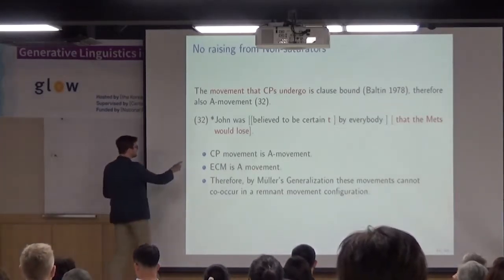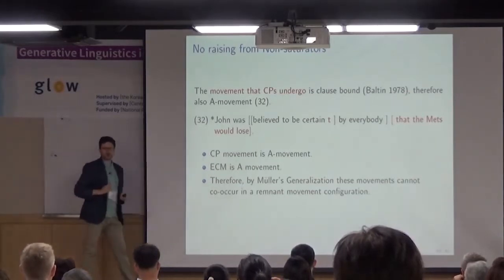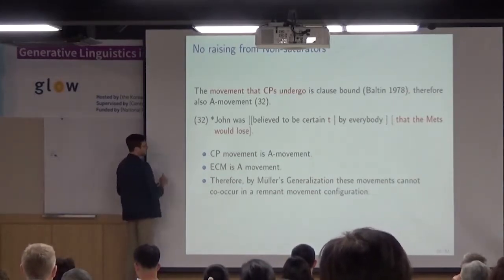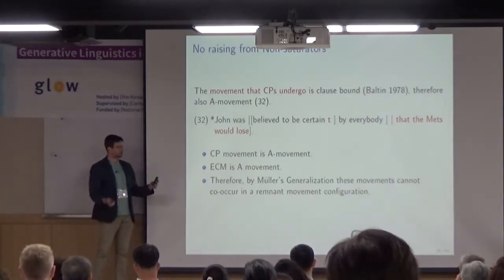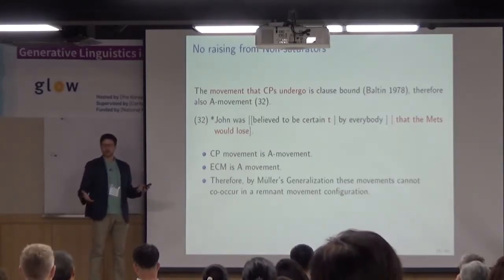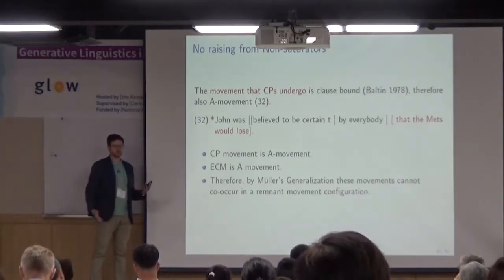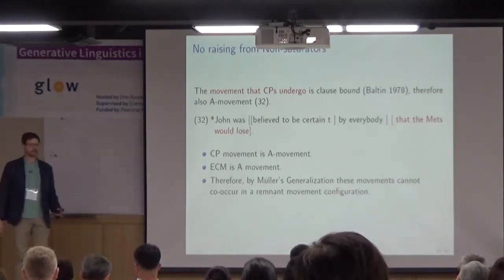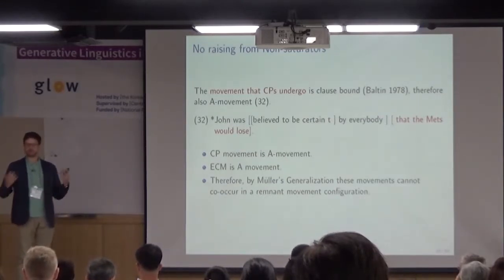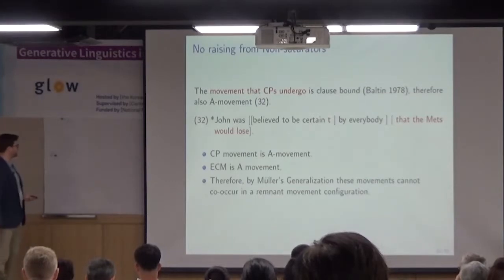Okay, the CP movement I invoke for non-saturating CPs is A movement. ECM is A movement. Therefore, by Müller's generalization, they just can't co-occur. So the reason you don't get raising to object out of finite clauses in English is because of a violation of Müller's generalization. As far as I know, no one thought that should be the case, but there you go.